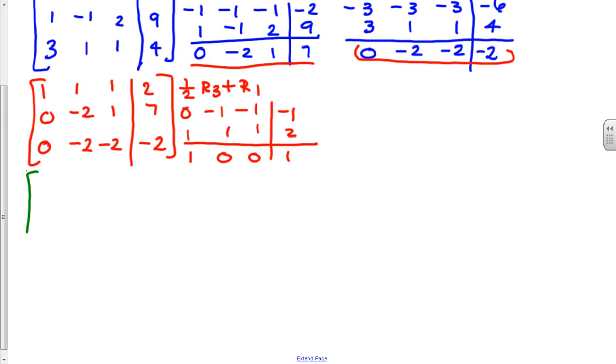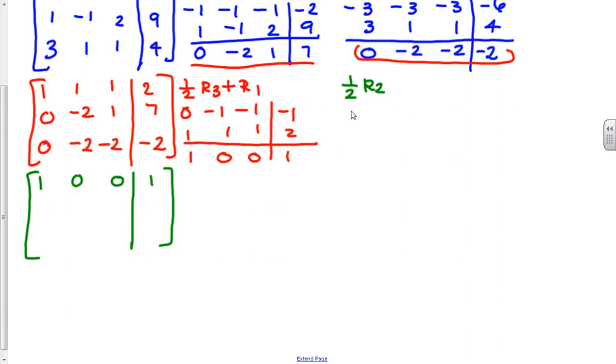So my first row is going to be 1, 0, 0, 1. I have my first row completely done. These two zeros make it finished, so I'm not going to want to manipulate row 1 anymore. I don't want to change it at all. My next row, I need to have this negative 2 become a 1. So in order to do that, I'm going to take half of row 2.